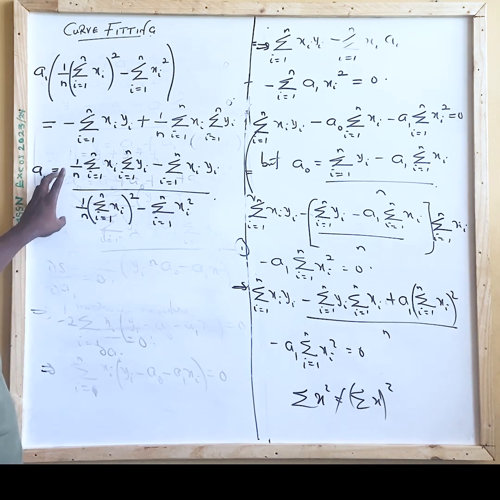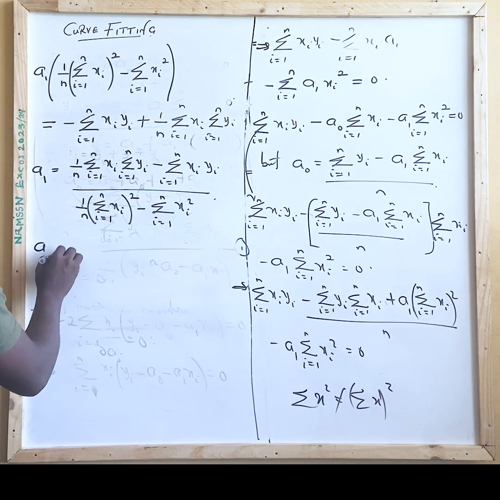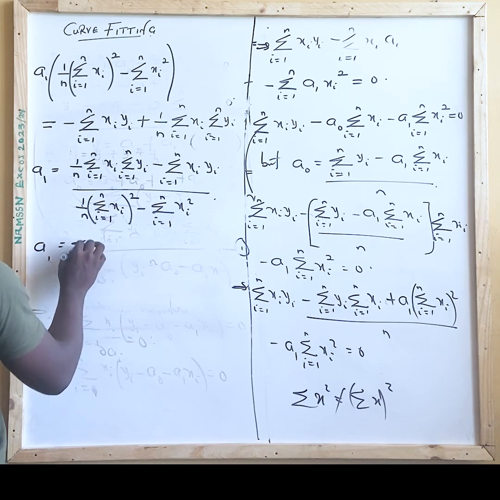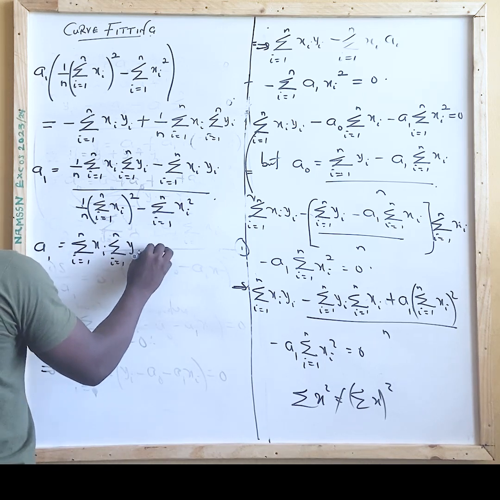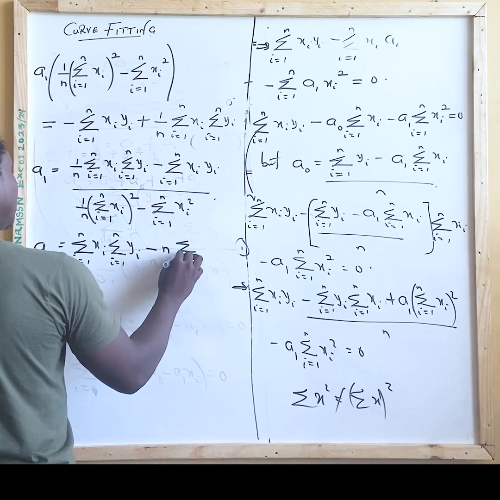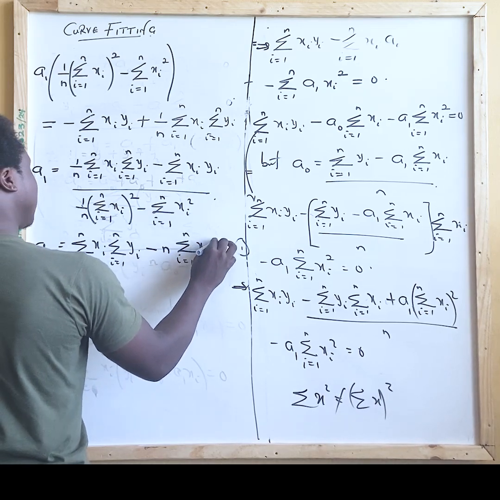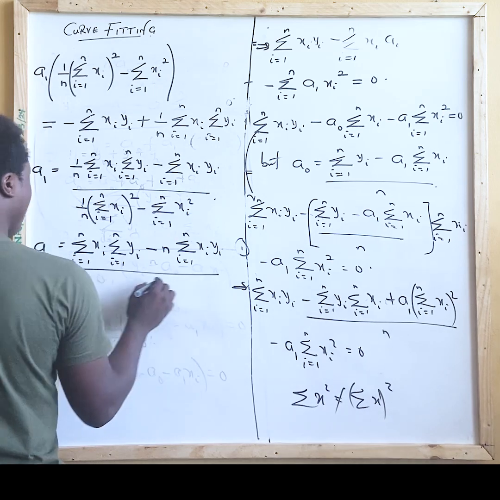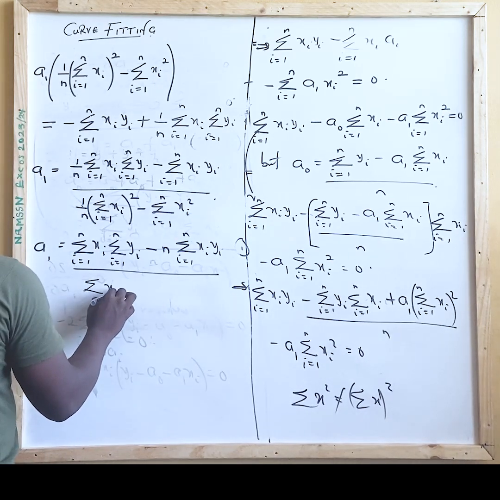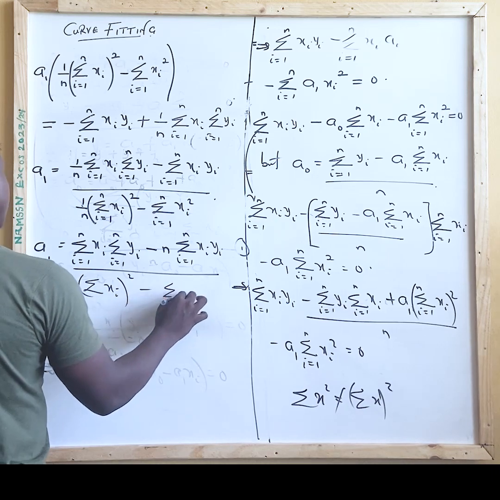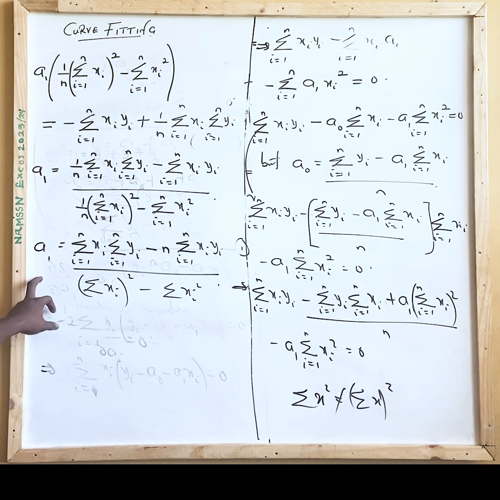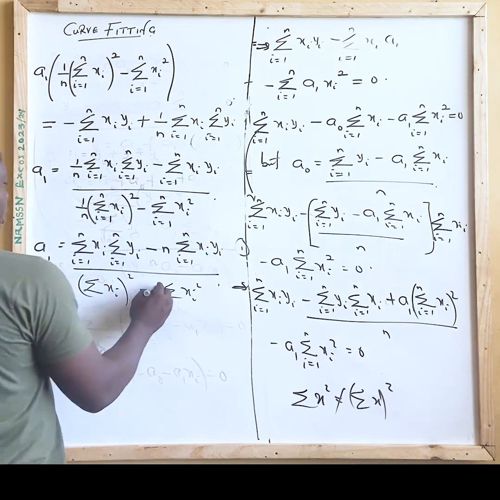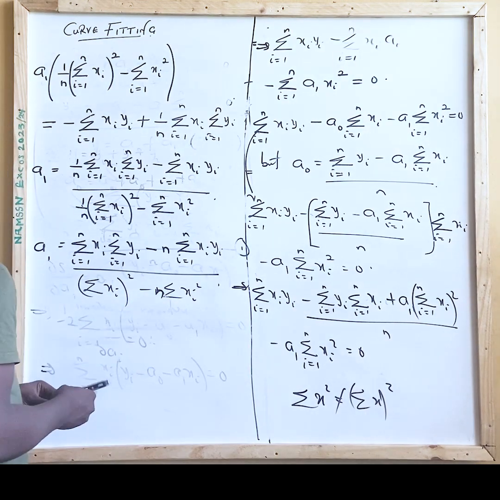We can multiply up and down by n so that we get our a1 to be equal to summation i from 1 to n xi summation i from 1 to n yi minus n summation i from 1 to n xi yi, over n summation xi squared minus summation xi all squared. So this will form our a1.